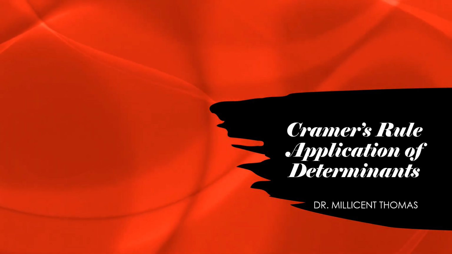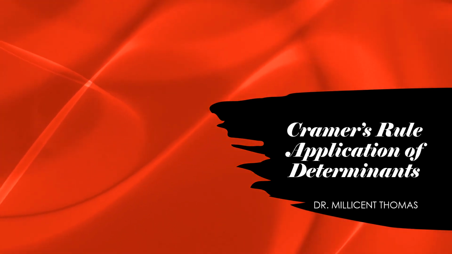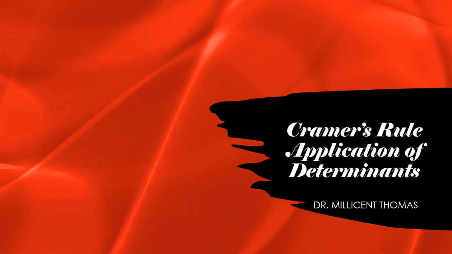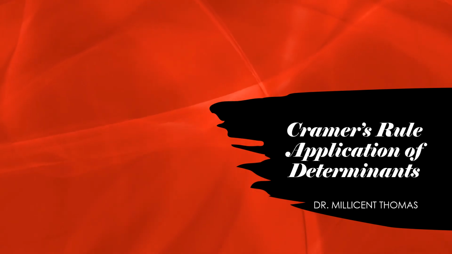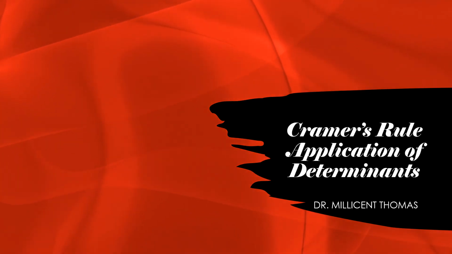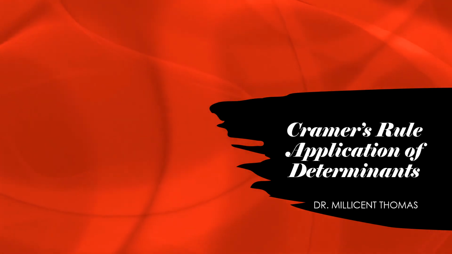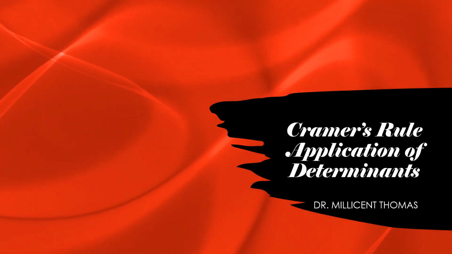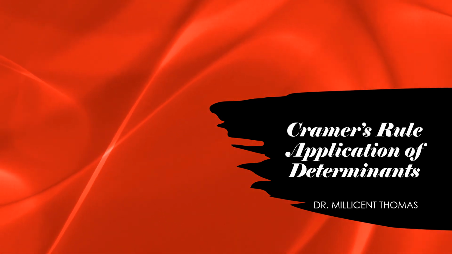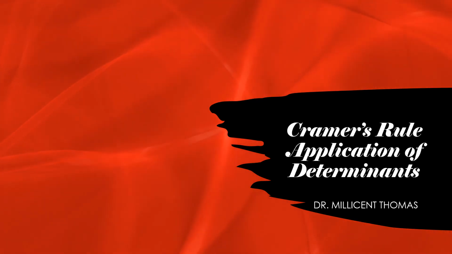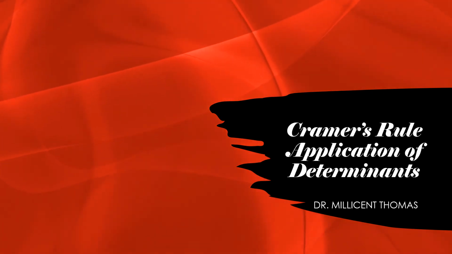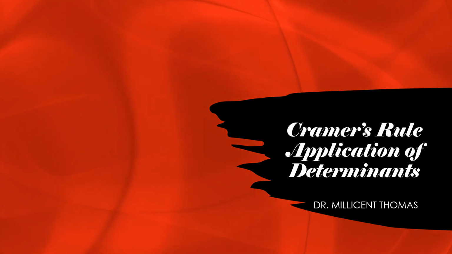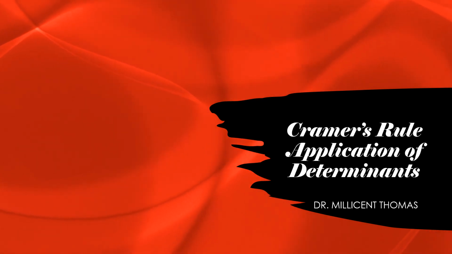It is easy to solve for x1, x2, x3, xn using Cramer's rule. Hope this video was helpful in understanding how to find the solution for systems of linear equations using determinants. And this method is called Cramer's rule.